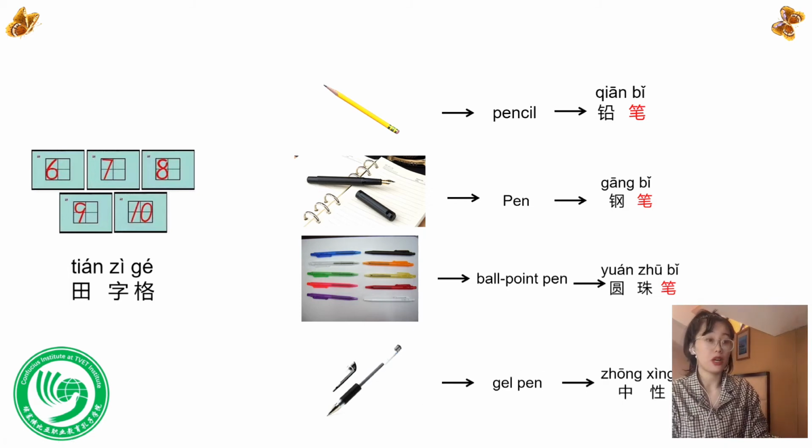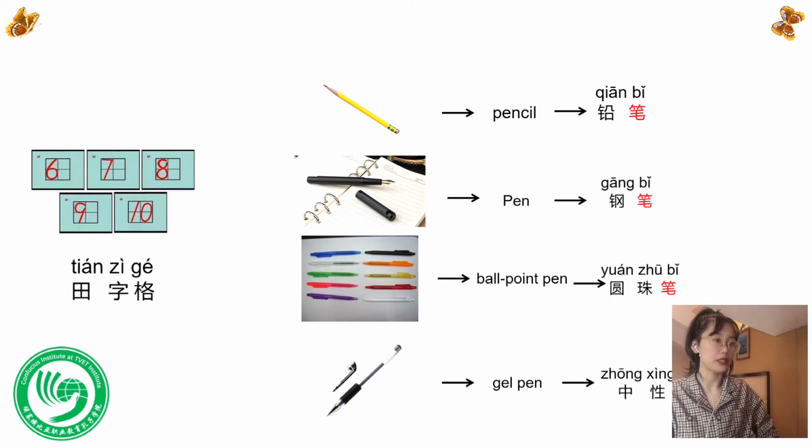I hope you are reading after me. And maybe you already noticed that no matter pencil or pen or gel pen, the last character is the same, 笔. Actually, 笔 in Chinese means pen, all types of pen, all kinds of pen.